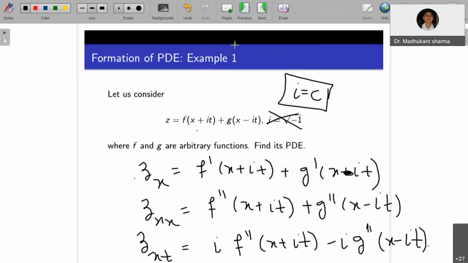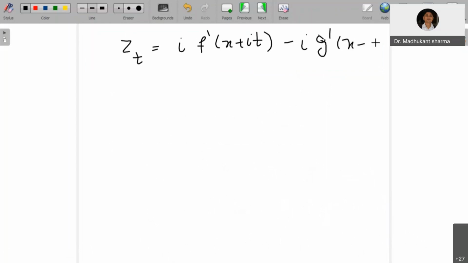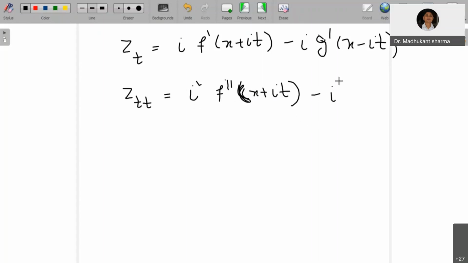Now differentiating partially with respect to t, z_t is equal to i times f dash of x plus it minus i times g dash of x minus it. Now again, if you differentiate, z_tt is equal to i square f double dash of x plus it, minus i square g double dash of x minus it.